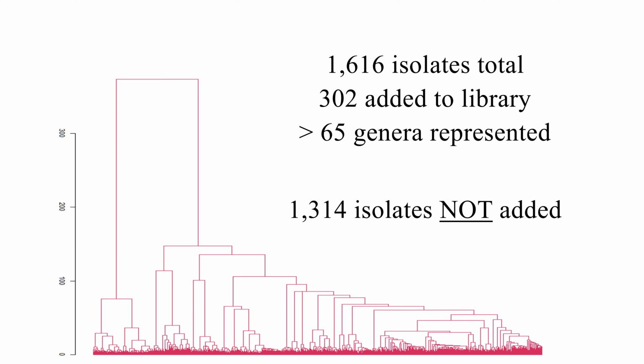And we think this is a real testament to the effectiveness of this method to access natural products and taxonomic diversity. And importantly, 1,300 isolates were not added to the library, so we don't have to deal with this overlap in downstream processes.